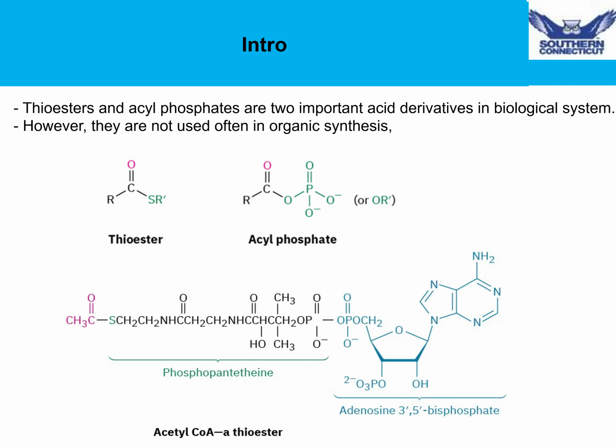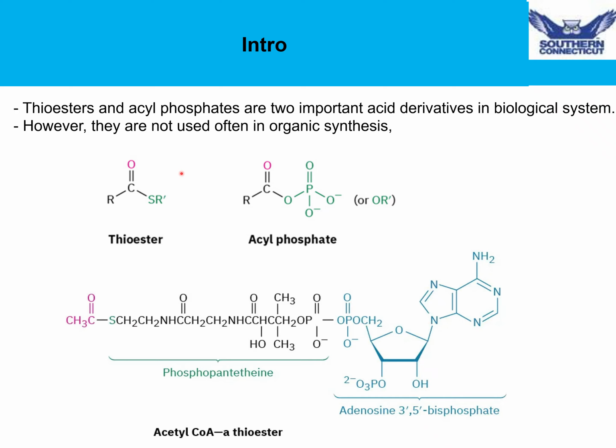Those two acid derivative functional groups are thioesters, which contain a sulfur attached to a carbonyl, and acyl phosphates, which contain a phosphate group attached to a carbonyl. We're going to see a few examples of these as we go through this chapter, but in general, they're not really used in organic synthesis.